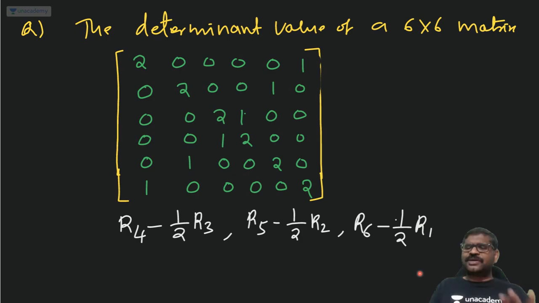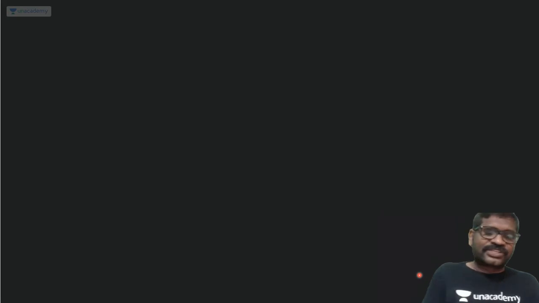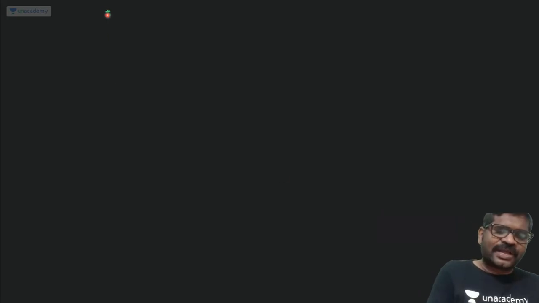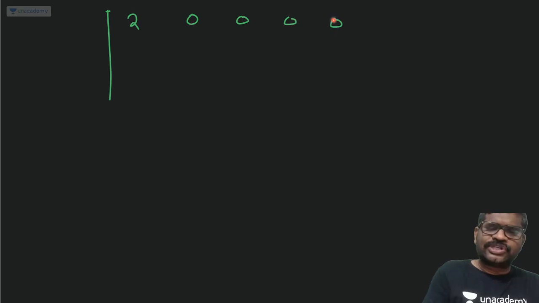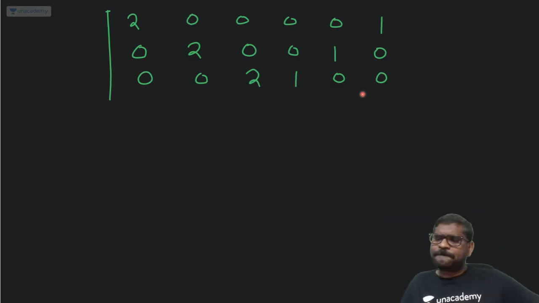These are the operations I am going to apply in R4, R5 and R6. First row, there is no operation. I am writing as it is: 2 0 0 0 0 1, 0 2 0 0 1 0, 0 0 2 1 0 0.